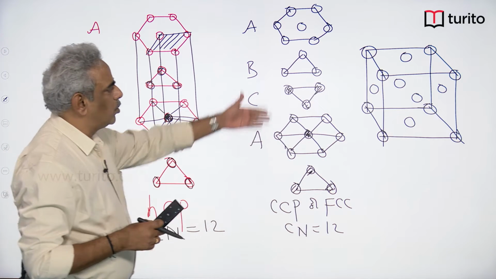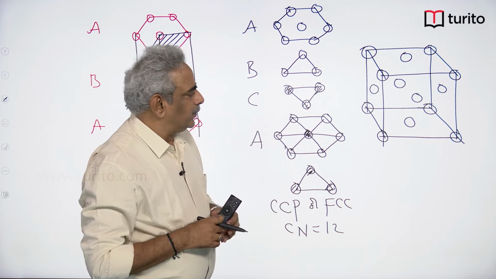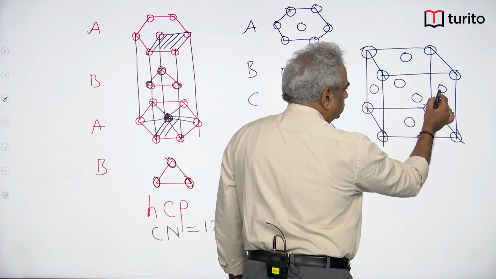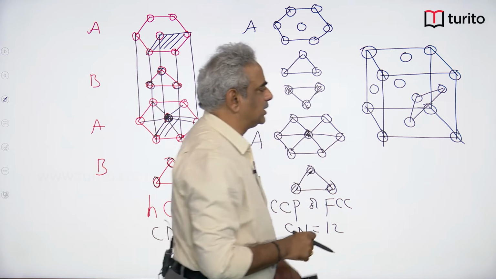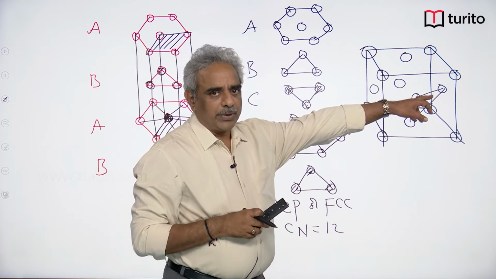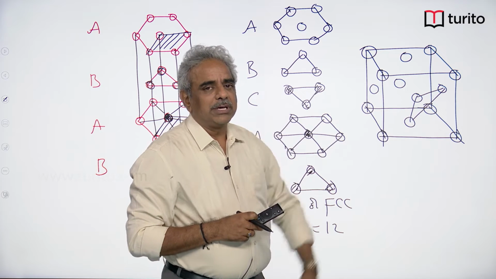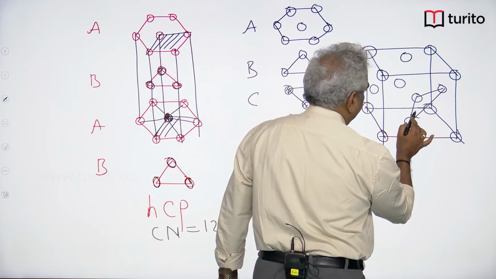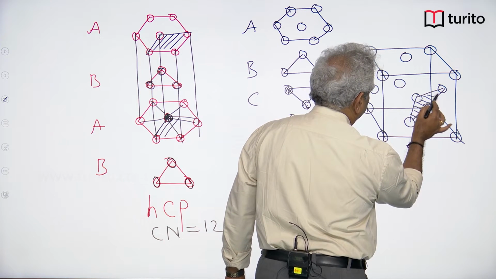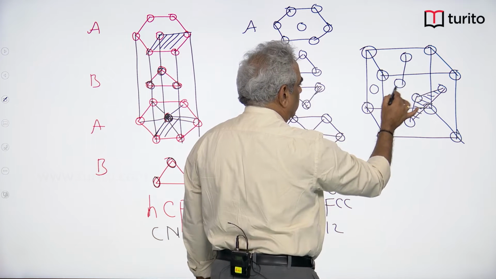Now, you may ask how this has got this arrangement. We can easily see that, and here these 3 are in contact, in the sense the right face center sphere, front face center sphere, bottom face center sphere are in contact. So, that makes a triangle, and back, top and back and left make a triangular arrangement.